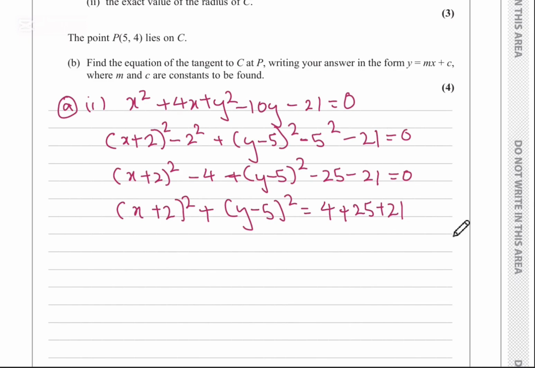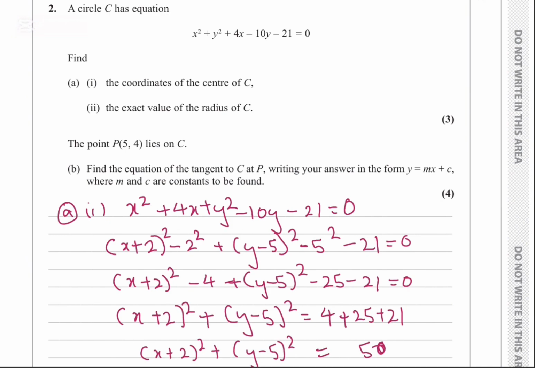Adding this in your calculator, 4 plus 25 plus 21 gives you 50. I would be left with x plus 2 squared plus y minus 5 squared equals 50.